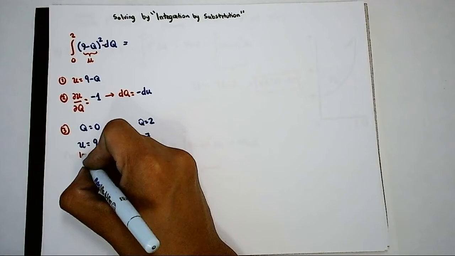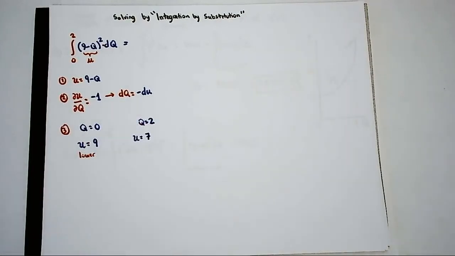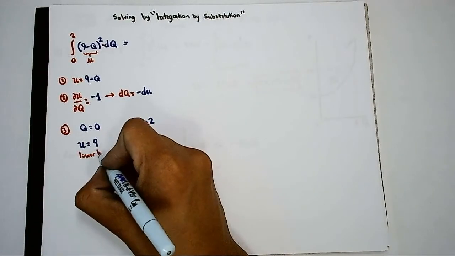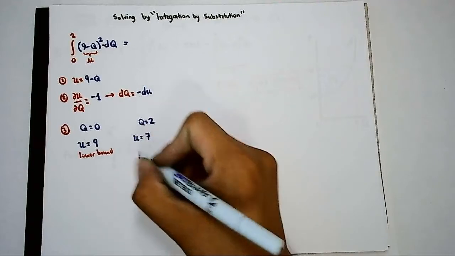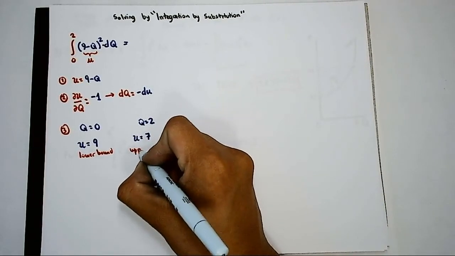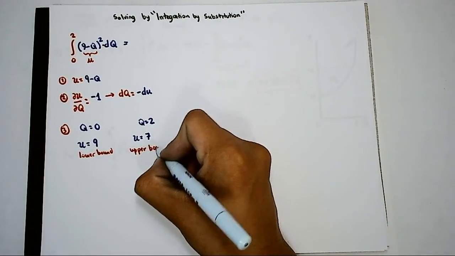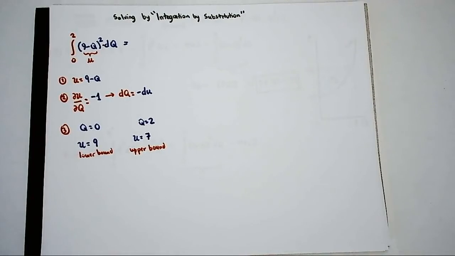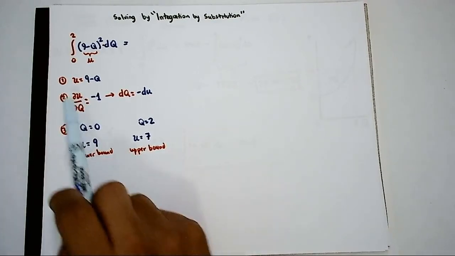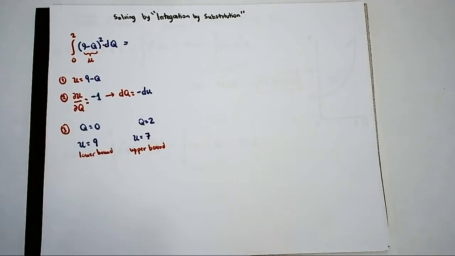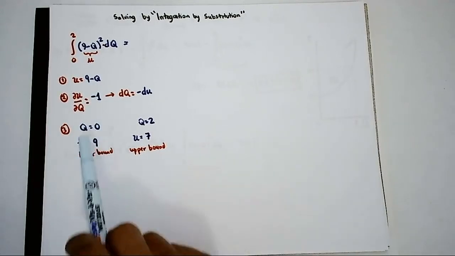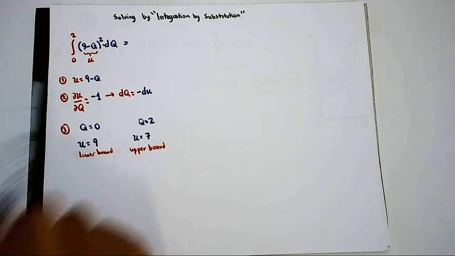Our lower bound will be 9, whereas our upper bound will be 7. This is because u is equal to 9 minus q, which means that when q increases, the value of u decreases.